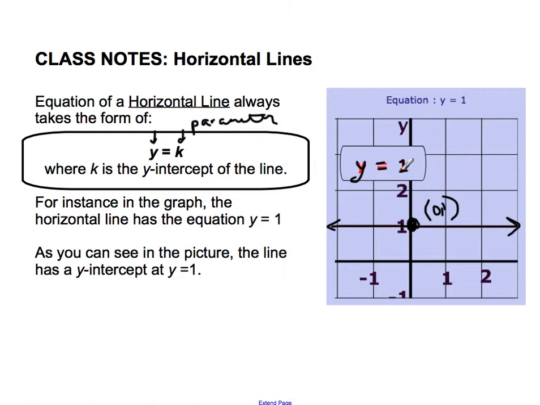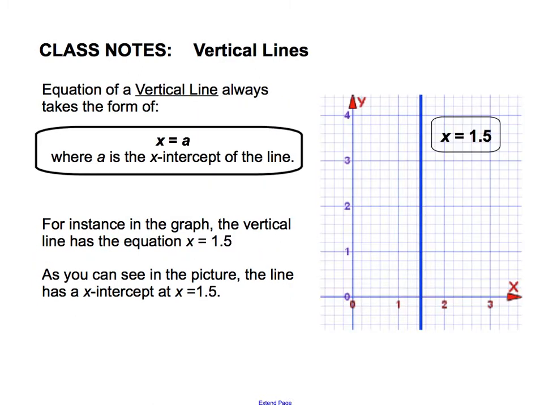Now, take a look and see that the horizontal line will cross the y-axis. Well, that's why we have y. And where does it cross the y-axis? It crosses it at 1. So that's where you get the equation y = 1. Okay? So that was a horizontal line.